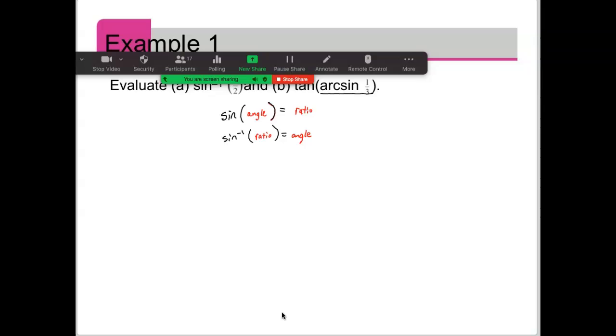And so here's what I want you to think about for this next one. We have a composite function. We're not asked to do any calculus. We're just trying to evaluate it. And so what we have is tangent of arcsine of 1/3. If I just look at the arcsine of 1/3, what type of output do I get? Do I get a ratio output or an angle output in the chat?